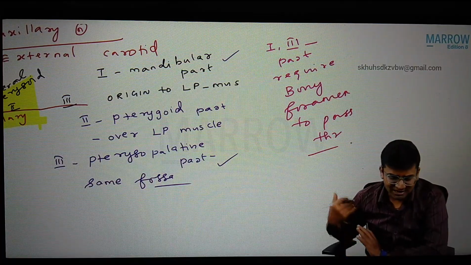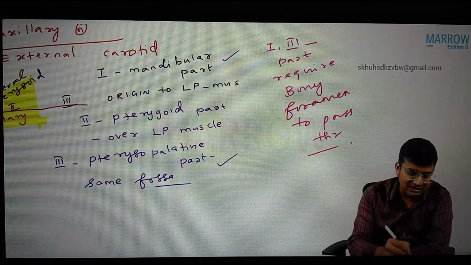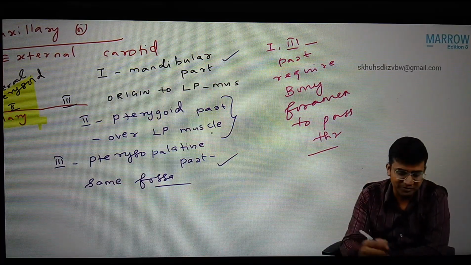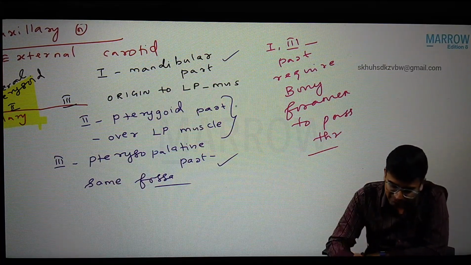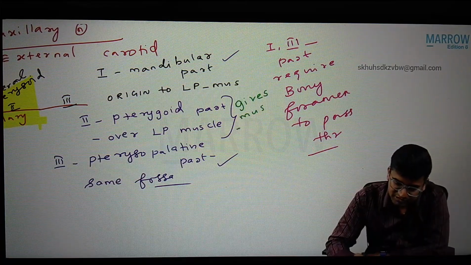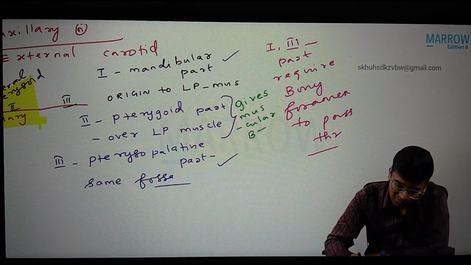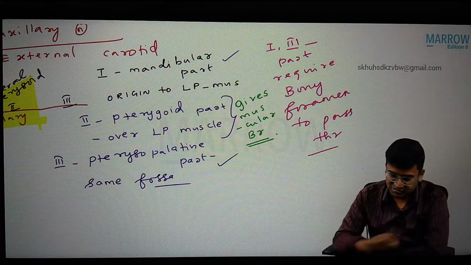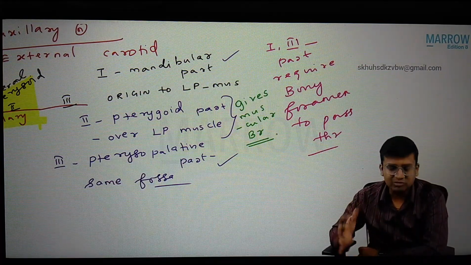What about the second part? The second part of the maxillary artery gives only muscular branches, so it does not require any bony foramens to pass through. So for the second part, please write: it gives only muscular branches. So these are the three parts and some basic idea about them.